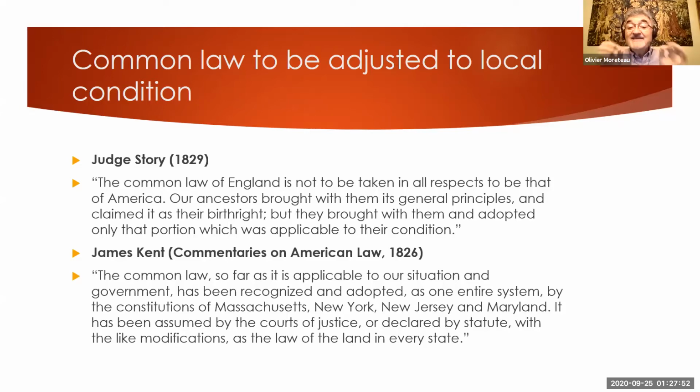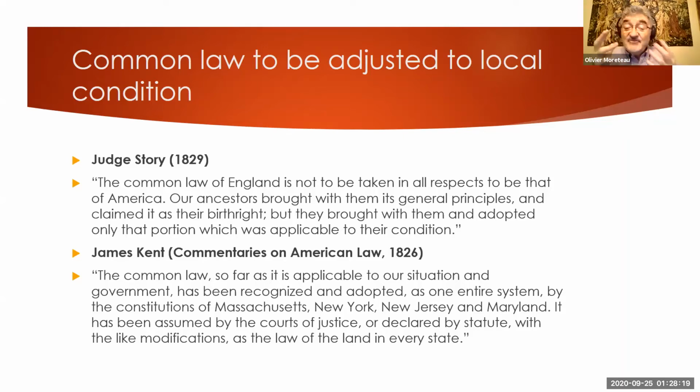Interestingly, Kent insists on the adoption of the common law by some states. Clear reference was made to the applicability of the common law in their constitution. He goes on saying that it has been assumed by the courts of justice or declared by statutes with the like modification as the law of the land in every state.